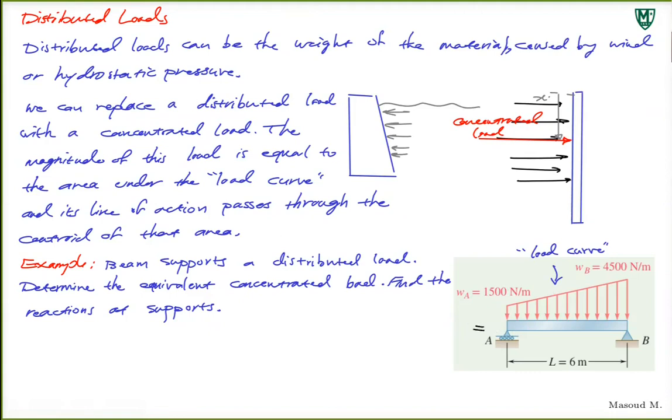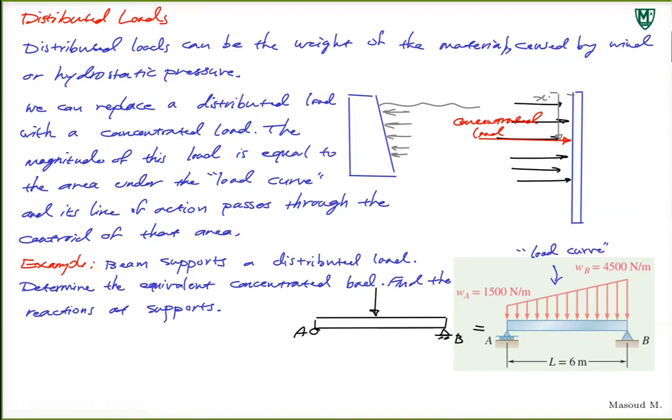We want to get into a beam with support at A, another support at B. This is a roller at A, this is a pin at B, and one load. We want to go from distributed load to some concentrated load.